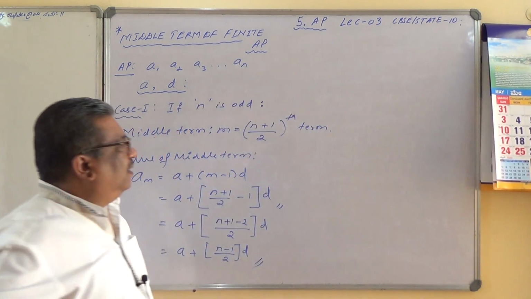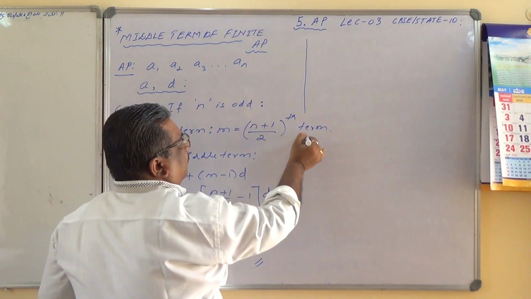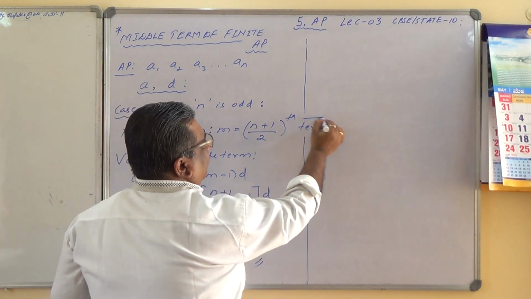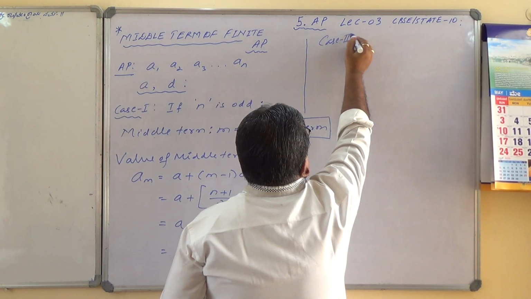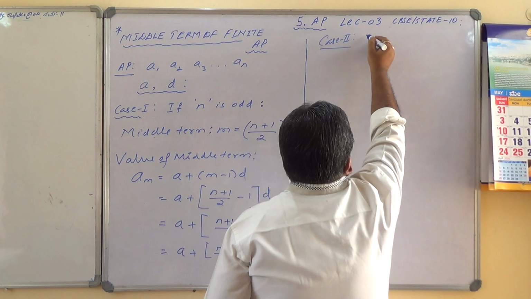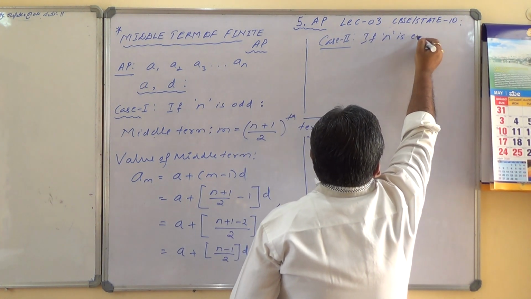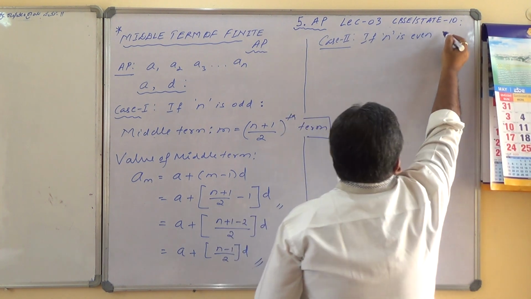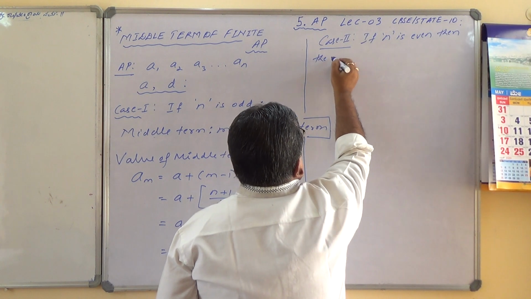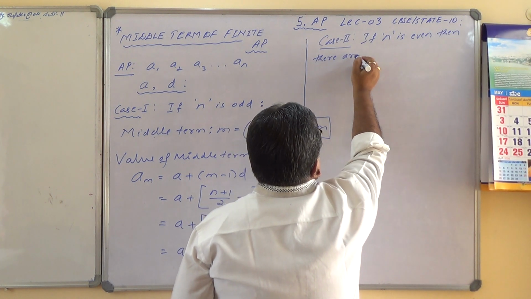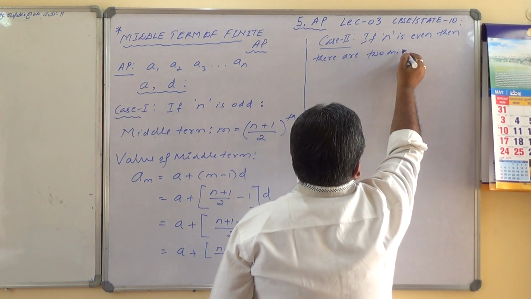Now case 1 is done, let's see case 2 now. Case 2: if n is even, then there are two middle terms.